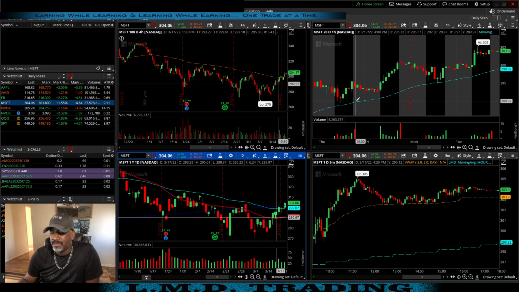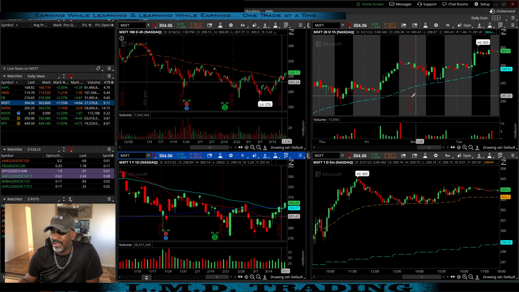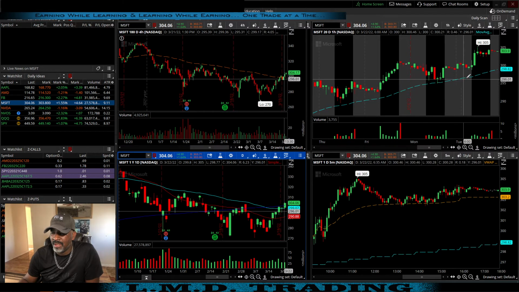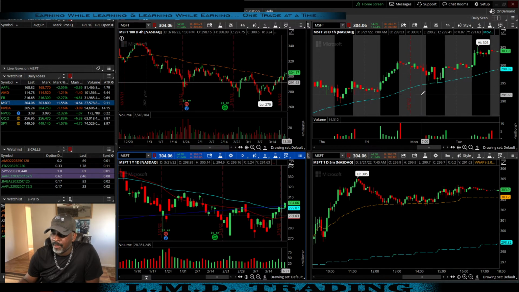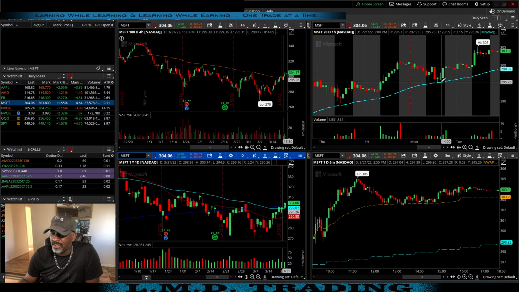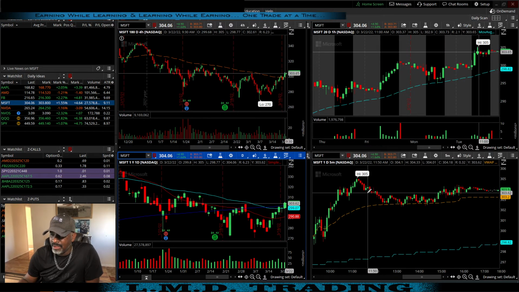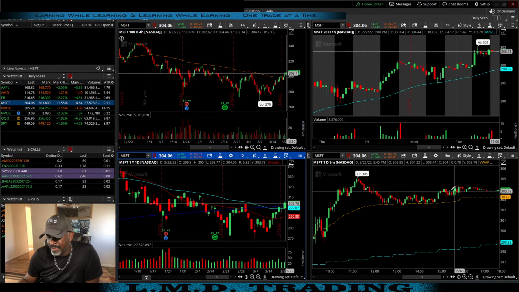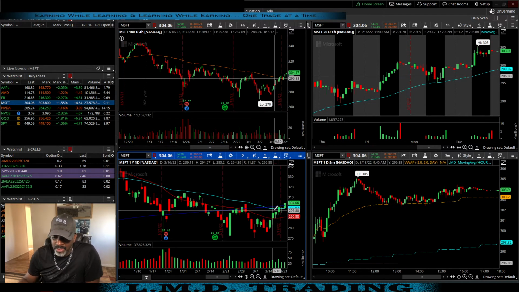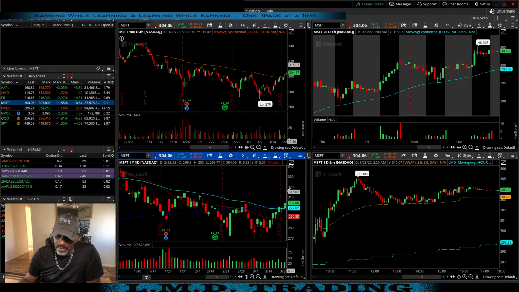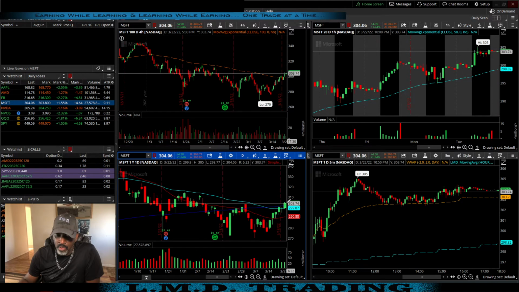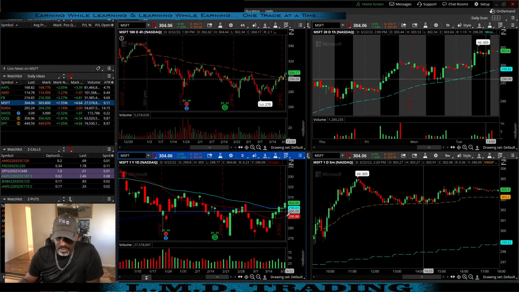On the shorter time frame, just like the other ones, we see that the 50 is in an uptrend. We see that it has been getting tested and holding. We see that it's been trading right around the VWAP on the 5-minute.